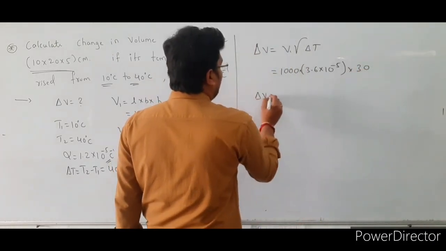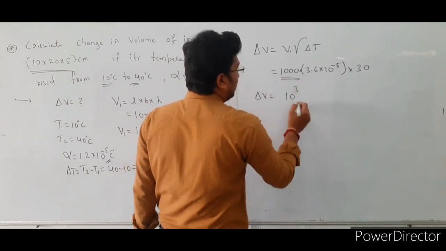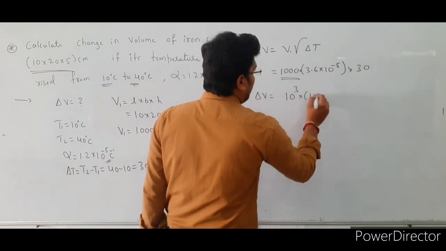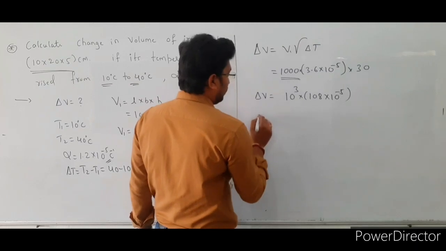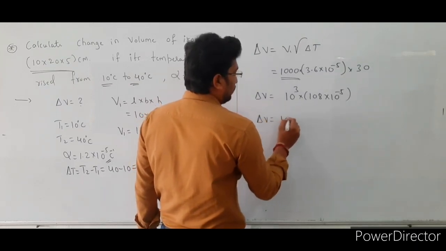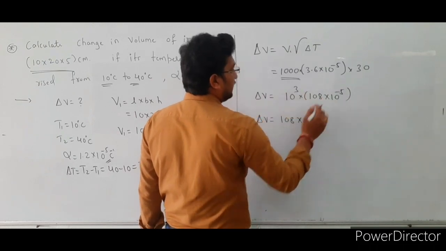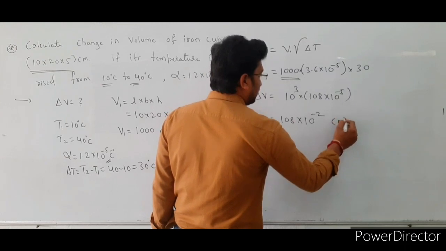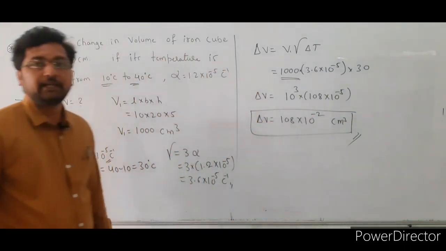Then the change in volume is 10^3 × 3.6 × 30, that is 108 × 10^-5. So the change in volume is 108 × 10^(3-5), that is 108 × 10^-2 cm³, right? So this is the change in volume of that cube.